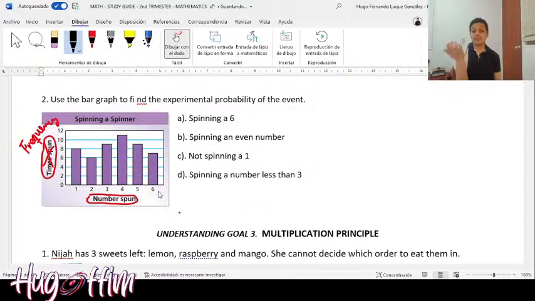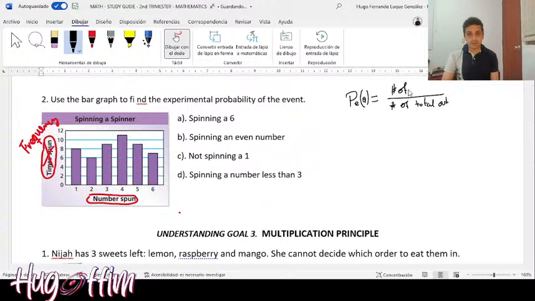So you need to get first what is the total number of outcomes, because if you're going to find out experimental probability, you need to use them over the total outcomes, and if this is an event A, the number of times I got A. So what I'm going to do here is to first count how many outcomes I got at all.